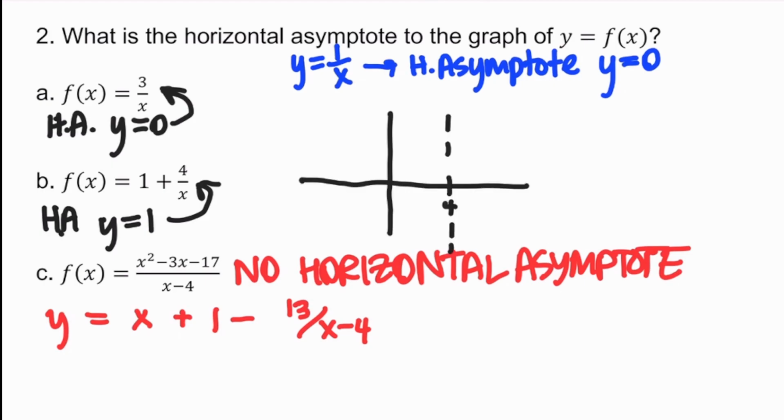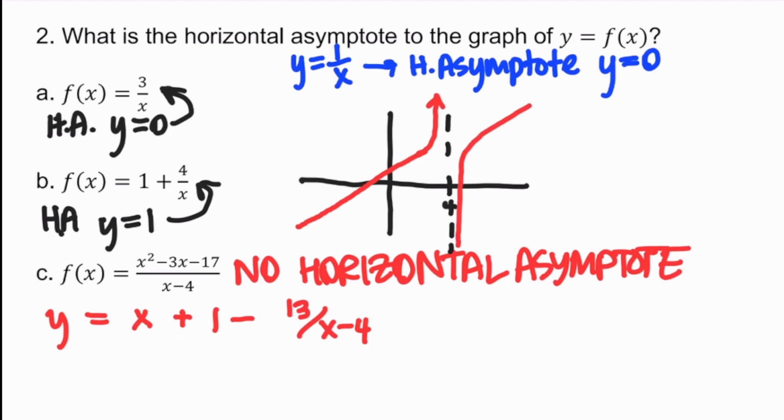What I will say about this thing, though, is that I could kind of sketch the graph of this for you. We know that y equals x plus 1 looks like a line with slope 1 and intercept 1. As x approaches 4 from below, we're subtracting a negative number, so it's going to be really big and positive, so it's going to have a vertical asymptote like that.